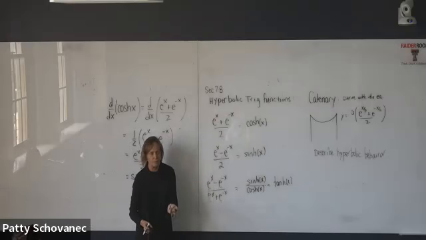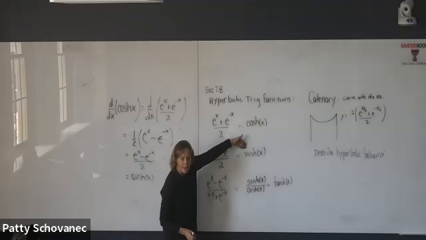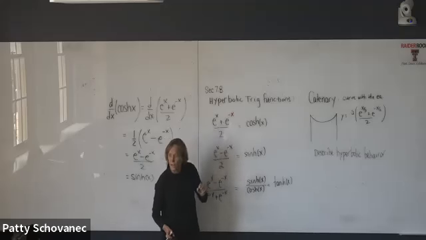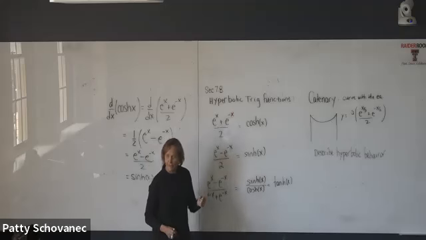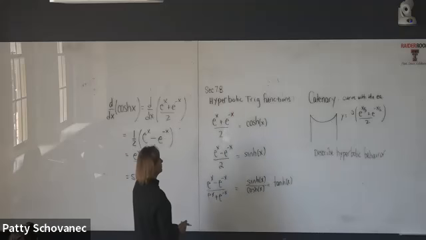We have versions of the Pythagorean theorem. Let's look at what the hyperbolic sine squared plus the hyperbolic cosine squared will give us. Does it give us 1? What sine squared plus cosine squared does? Let's find out, shall we?